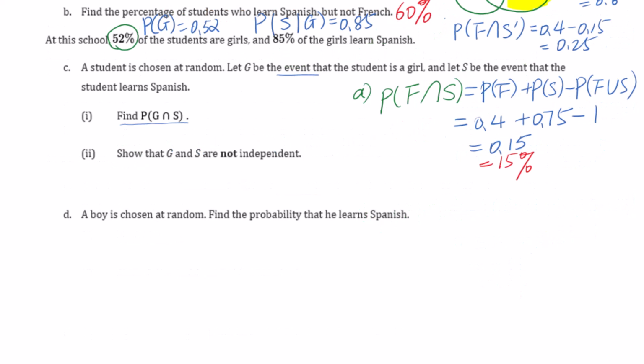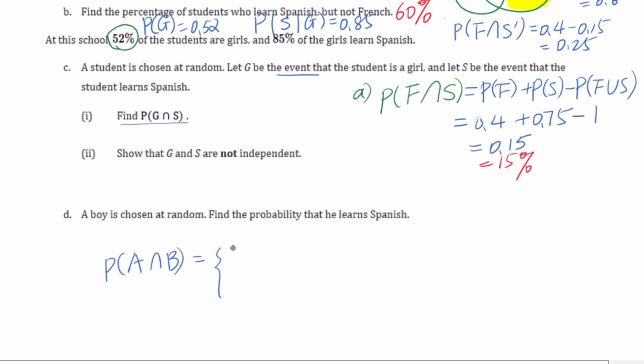When you look for the probability of intersection, there are two ways to figure this out. One way, we can use the addition rule of probability, which equals probability of A plus probability of B minus probability of A union B. Second way, you can figure out probability of intersection by conditional probability.